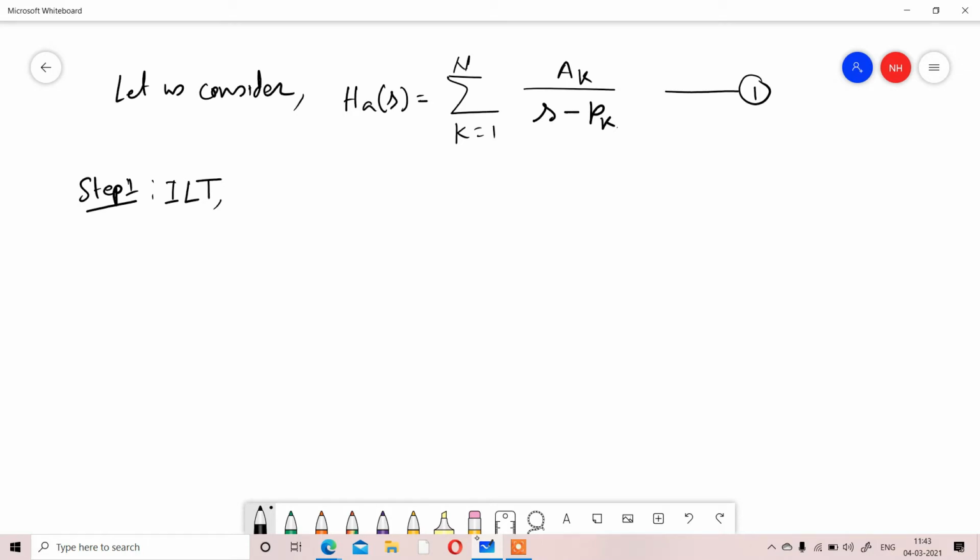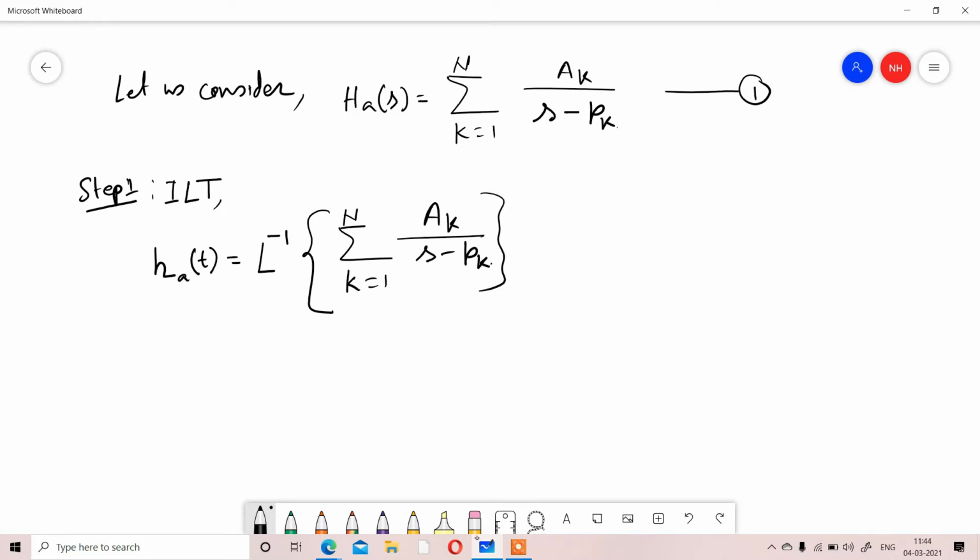Simply if we apply the inverse Laplace transform, then you will get h_a(t), and that inverse Laplace transform will be the summation over k equal to 1 to N of a_k by (s minus p_k). Okay, so we can write that expression in the split form.